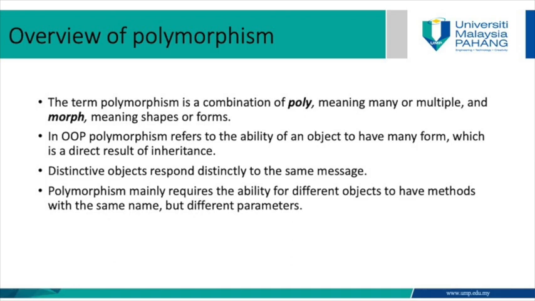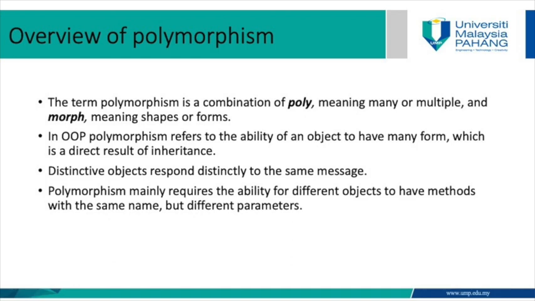In OOP, polymorphism refers to the ability of an object to have many forms, which is a direct result of inheritance. Distinct objects respond distinctly to the same messages.